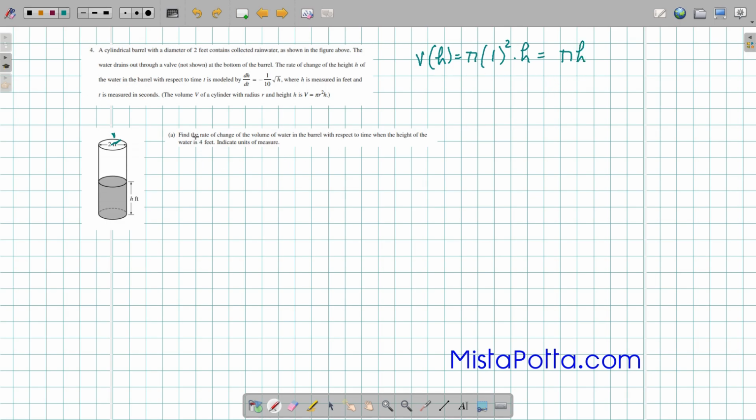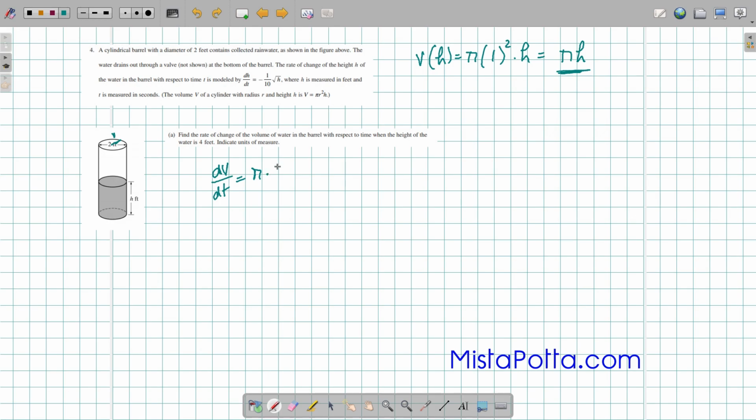On part A, it says find the rate of change of the volume of water in the barrel with respect to time when the height of the water is 4 feet, indicate units of measure. So I'm looking for the change in volume with respect to time, and I want to take the derivative of this with respect to time. So pi is a constant. It's not going to change if I take its derivative, if it's a coefficient.